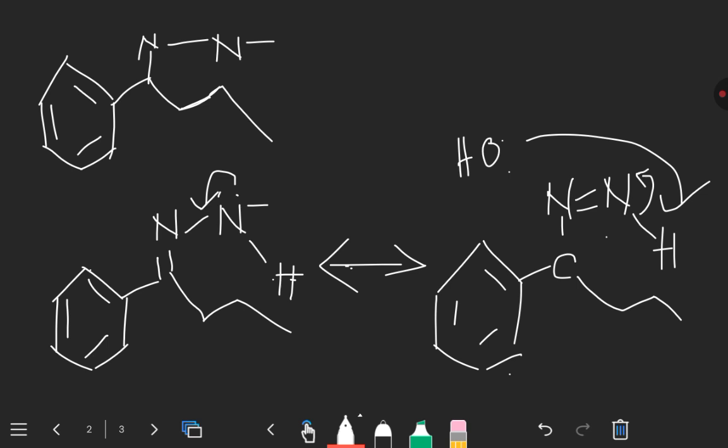Okay, then there's a double bond here. Then this nitrogen still has some lone pairs, so it can take those lone pairs there, forming a bond.